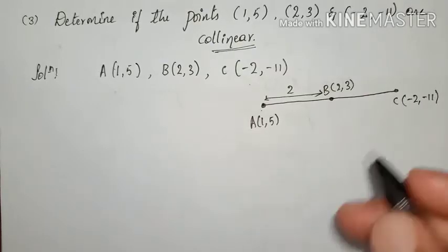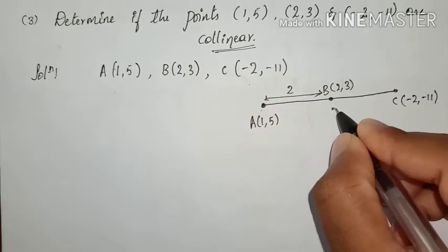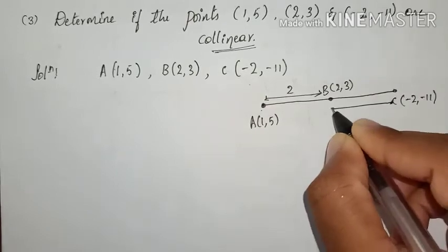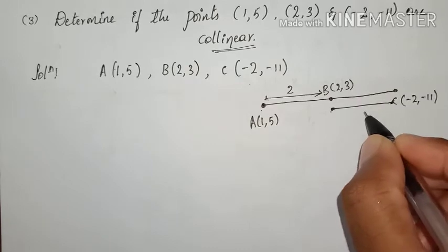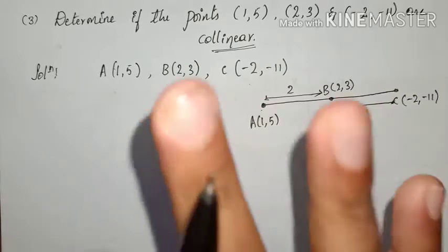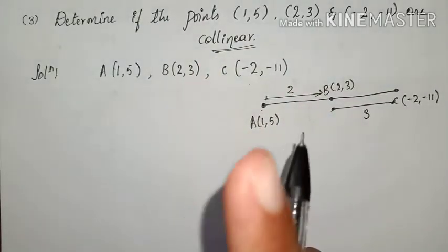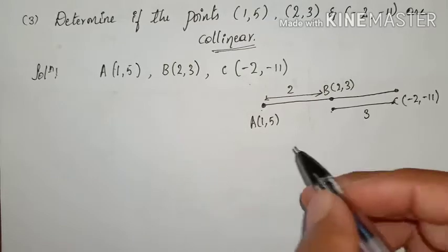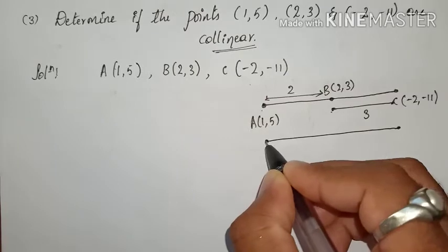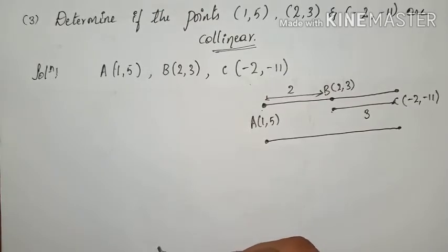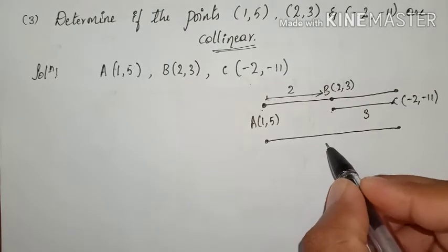Next, what is the distance between these 2 points? Think it is 3. Just an example, remember that. Then what is the distance from A to C? Definitely you will say that it is 5.